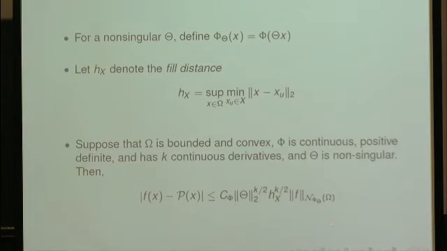This is a standard result that the difference between your real function and your predictor is less than some stuff related to the fill distance to a power. And then if your function's really rough and really big, that's going to hurt you. And then your rescaling is going to be involved like this.